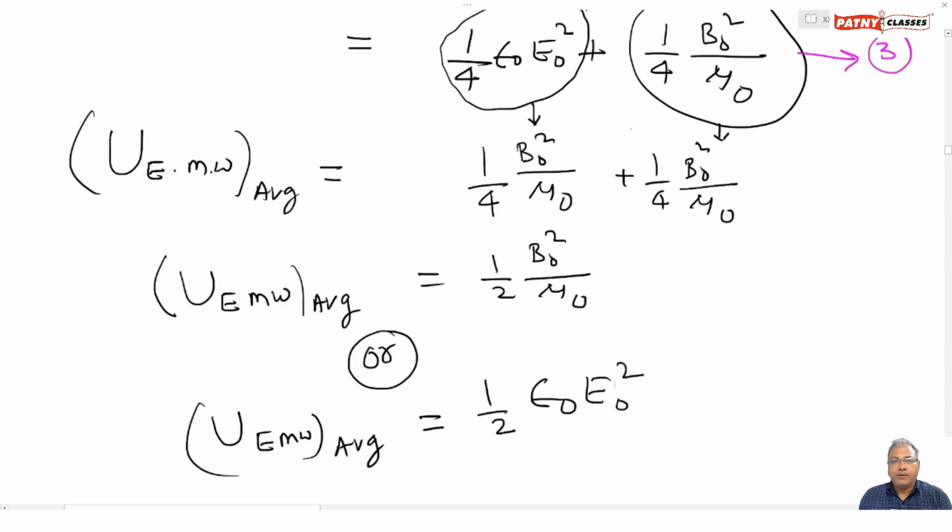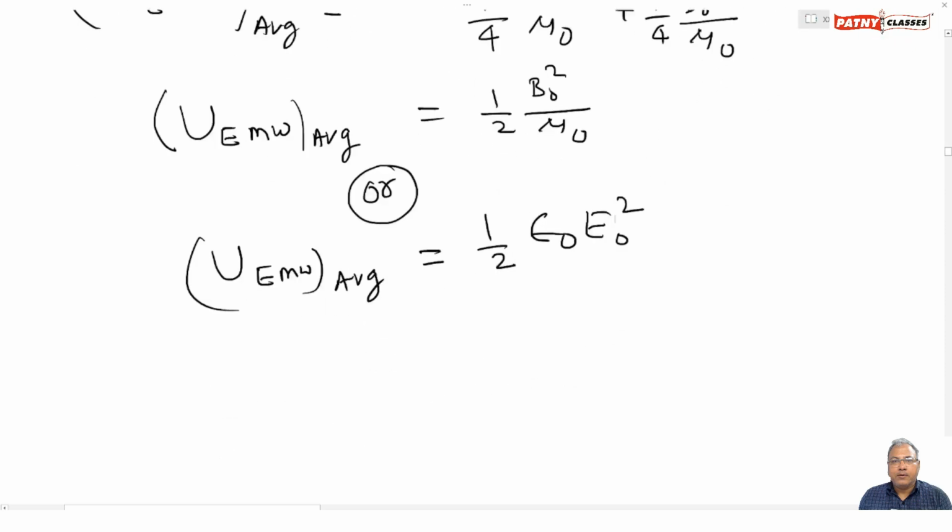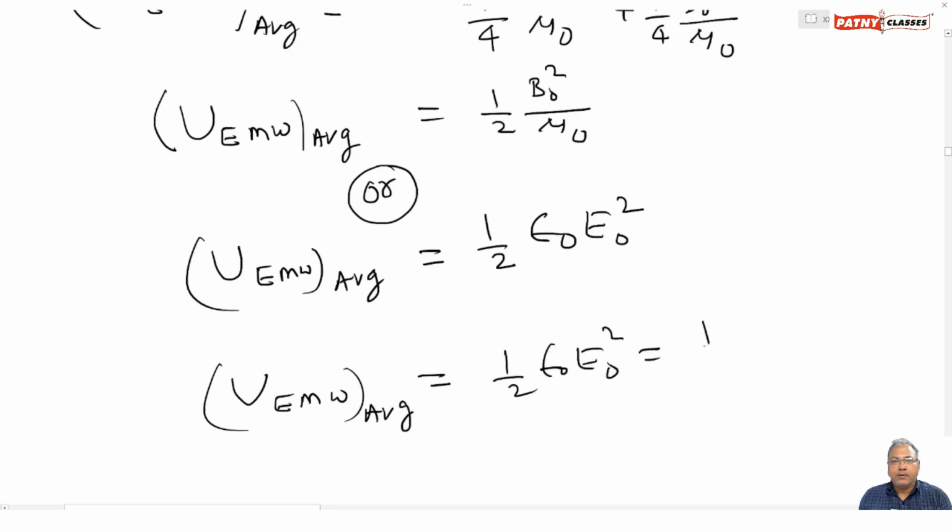So finally we got two expressions for the average energy density of the electromagnetic wave, that is, half epsilon E naught square equals half B naught square divided by mu naught. So this gives the expression for the average energy density of the electromagnetic wave.